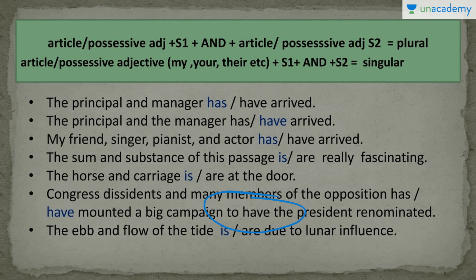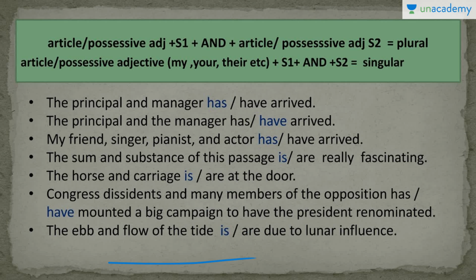So that means it gives a plural sense, and since it gives a plural sense, you have to choose a plural verb, and between has and have, have is plural, that I've already told you in the previous video. Therefore, the correct sentence would become Congress dissidents and many members of the opposition have mounted a big campaign to have the president re-nominated.